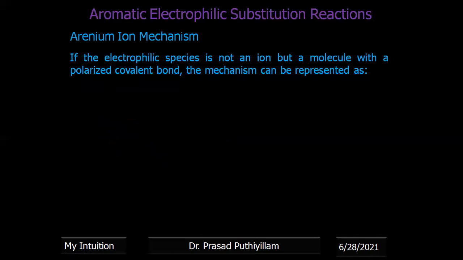Now, here we just saw that the electrophile is represented as E plus. That means it is an ion. If the electrophilic species is not an ion, but a molecule with a polarized covalent bond, the mechanism can be represented as follows. This is the benzene ring with a hydrogen represented there.